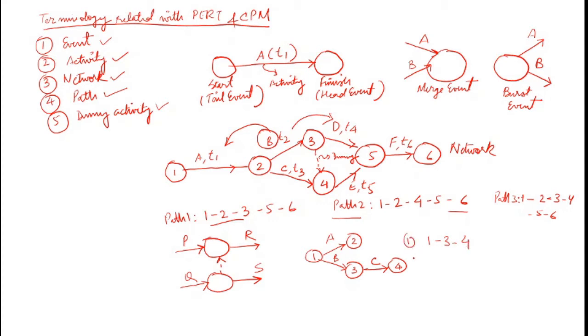This is path 1. If we make another path, it is 1, 2, and it can't reach the final event or the final activity. To make it logical, we can connect 2 and 3 with a dummy activity, and as I told, it will be taking no resource and time. So it will be 1, 2, 3 and 4. So this is about the terminology related with CPM and PERT.